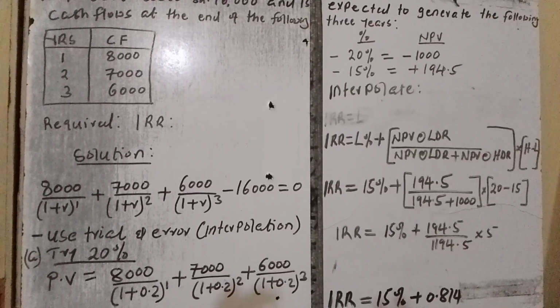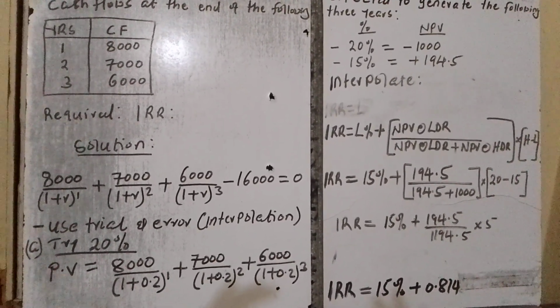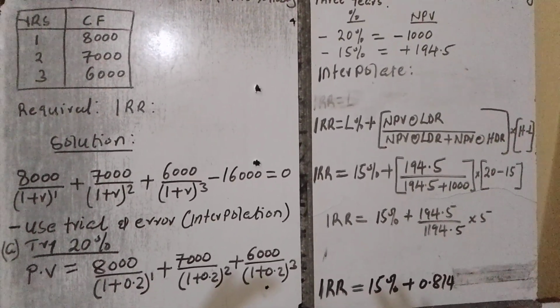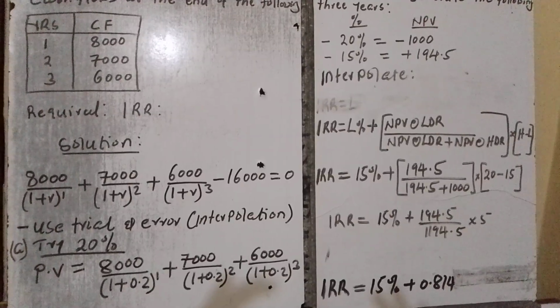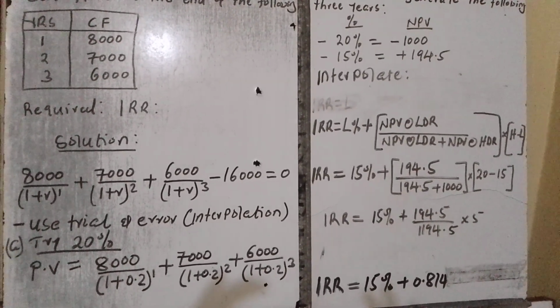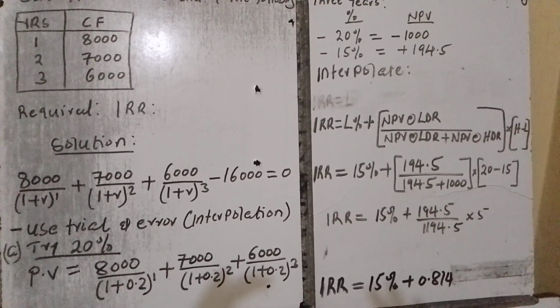Before we come back to our calculation, you can see us saying 8,000. So our 8,000 is A1 because it is the cash flow for year 1, divided by 1 plus R raised to 1. So our R is the rate that you'll have chosen. We are saying you pick any rate at random.